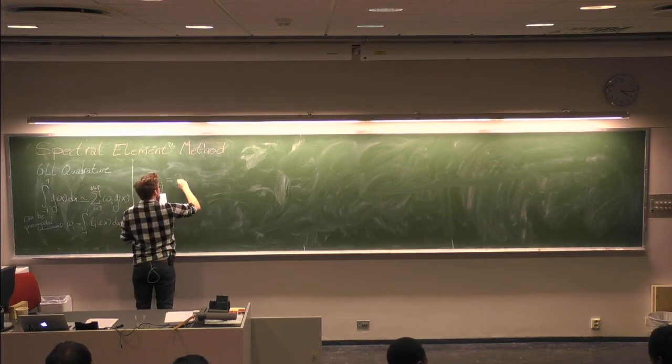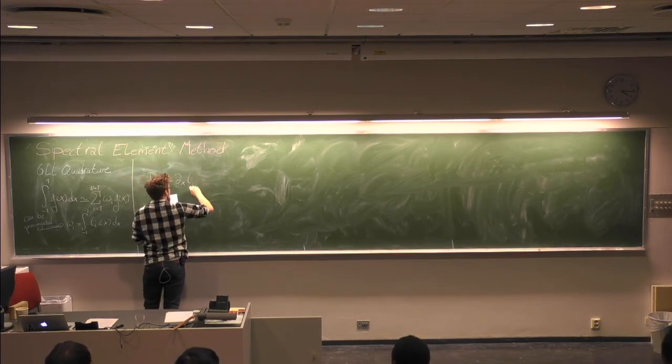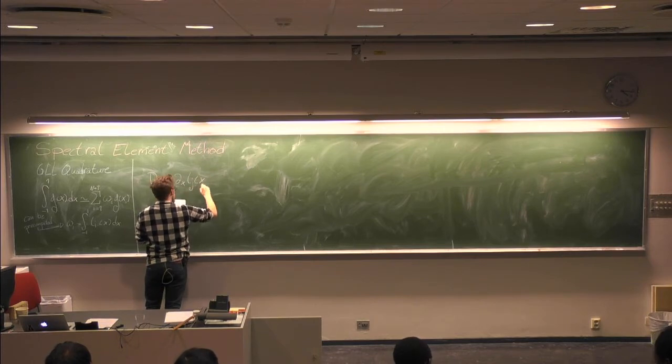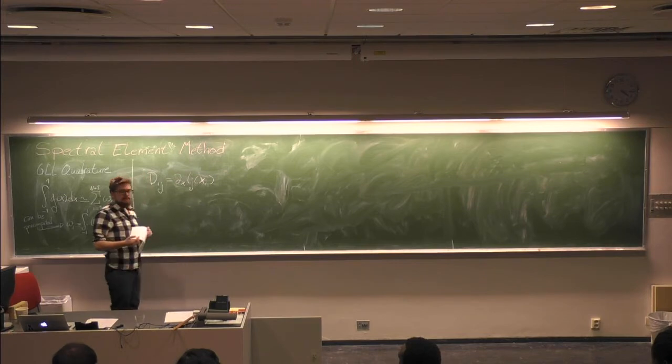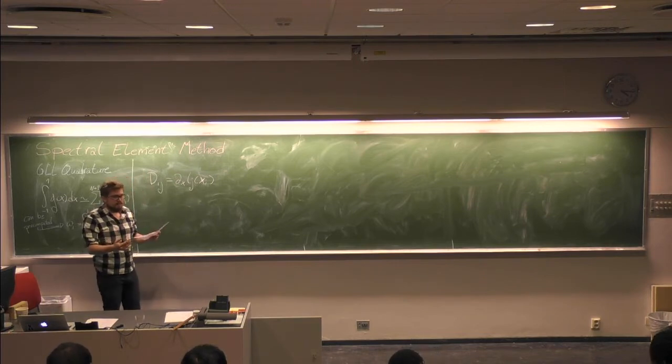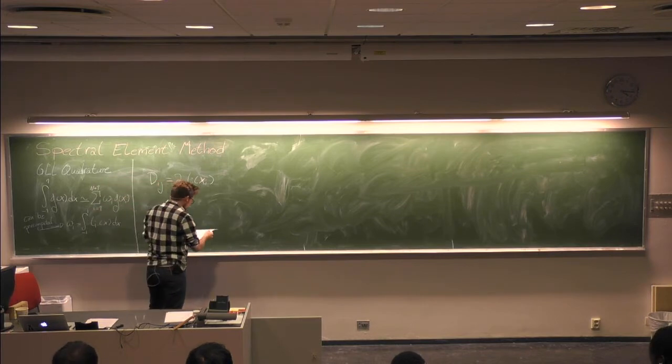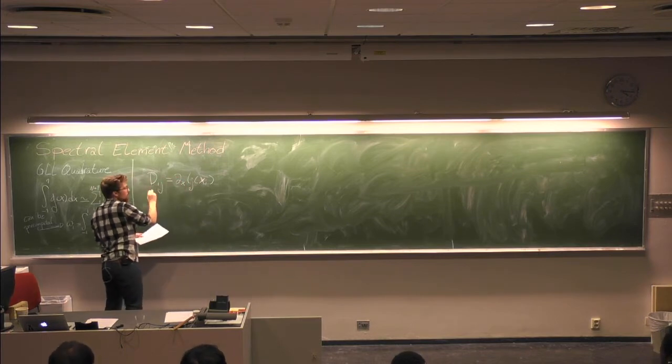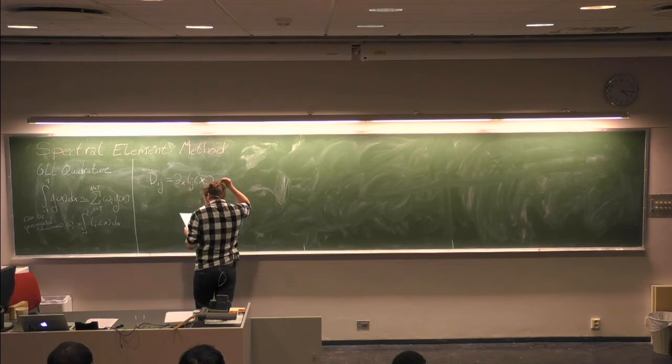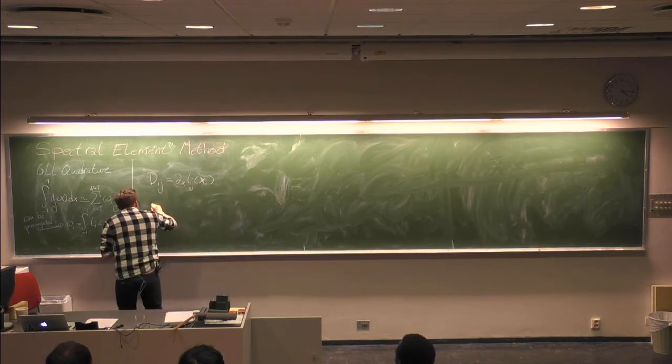This is d/dx of L_j of xi, or in our case, xi_i, but this is just general again. This matrix can be defined by using some algebra, which I will just skip.